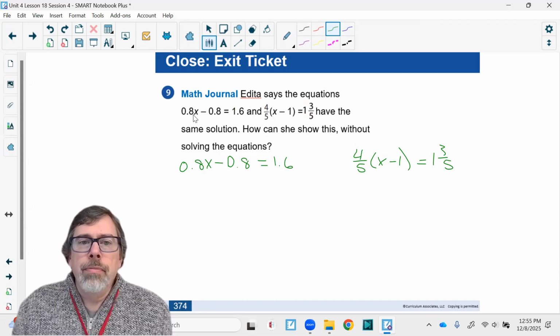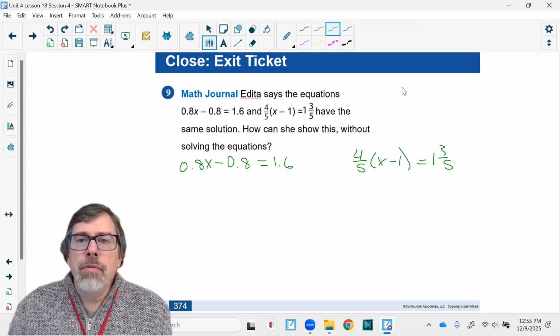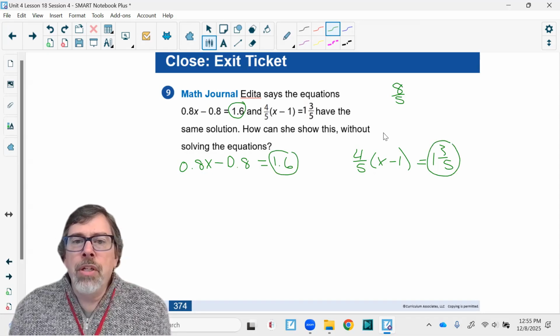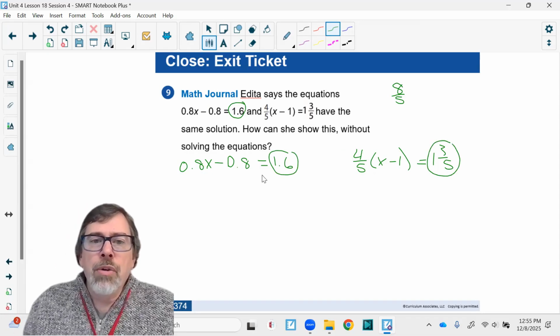Well, 5 times 1 is 5 plus 3 is 8/5. That's 8 over 5, which is 1 3/5. Okay. This is 1 6/10, which is also 1 3/5. So these are equal. So 1.6 and 1 3/5 are both equal.